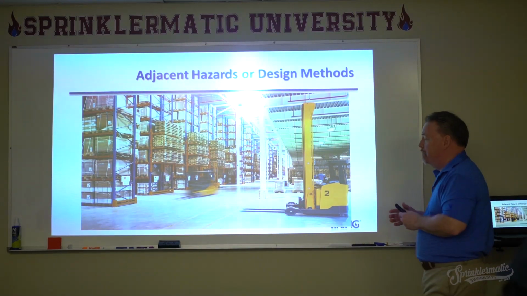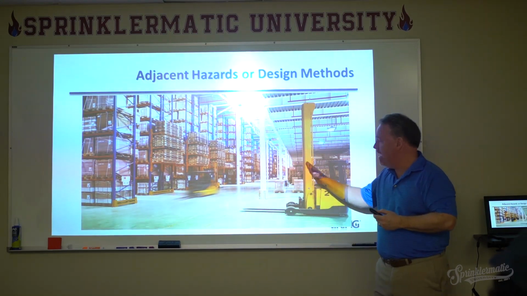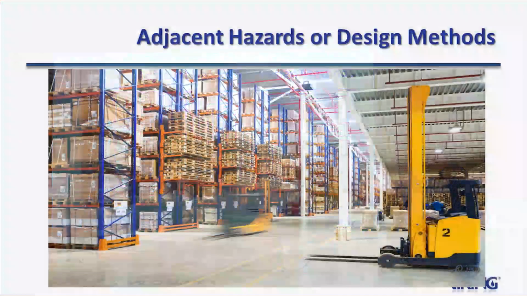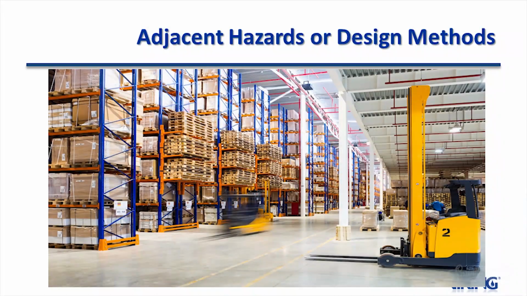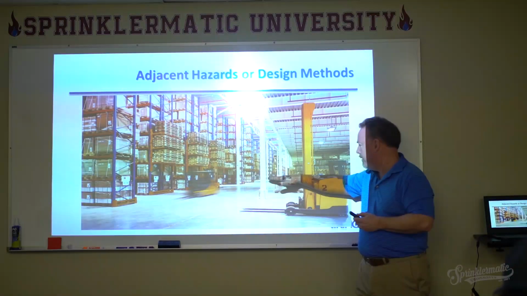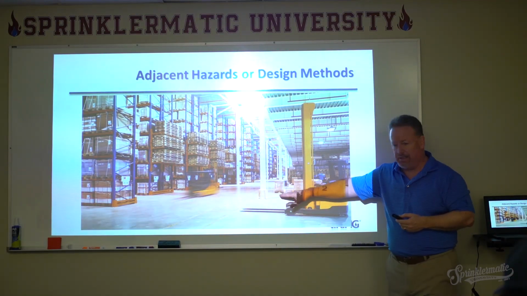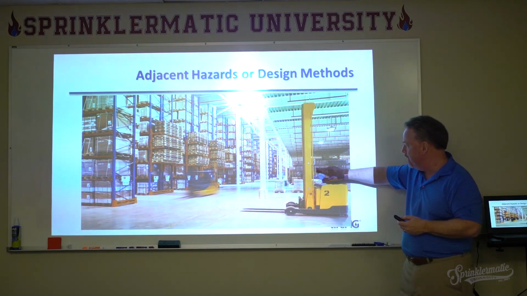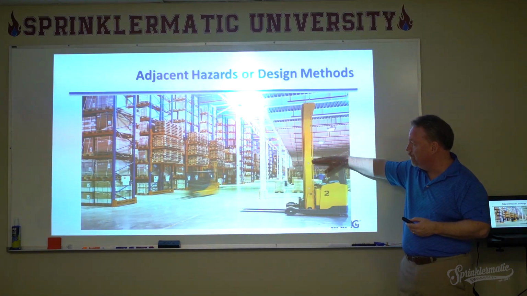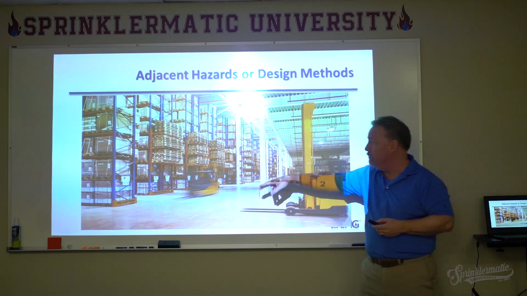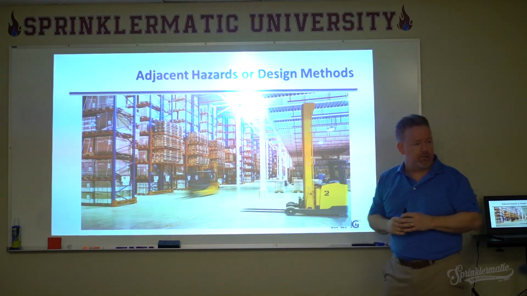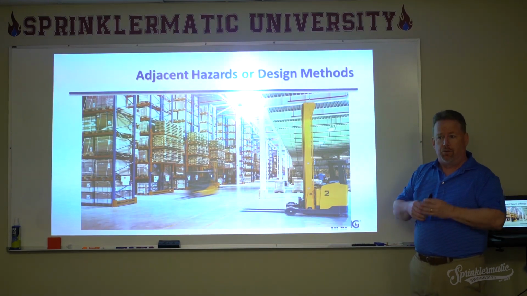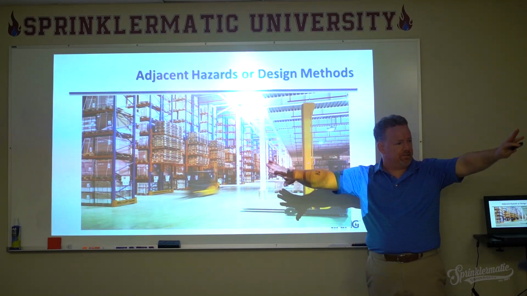Also, the adjacent design. Remember, we said that you may have a situation where we've got lower hazards next to higher hazards. What do I have here? I've got pallets stored inside. A big challenge, first of all. But we've also got some material at a much lower level under this mezzanine, and we've got big high rack storage over here. So those are two different design criteria you can use.